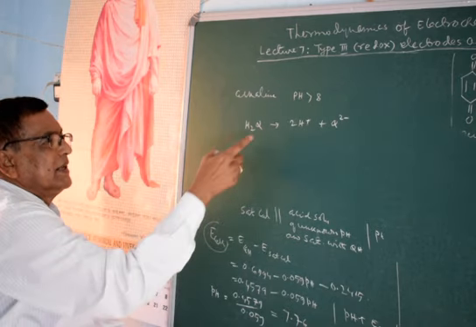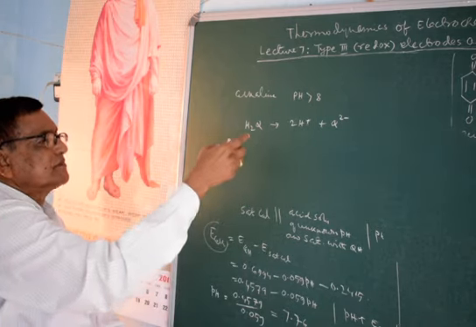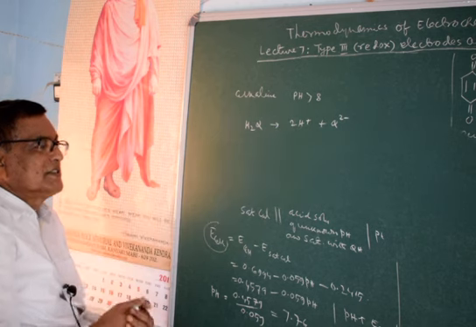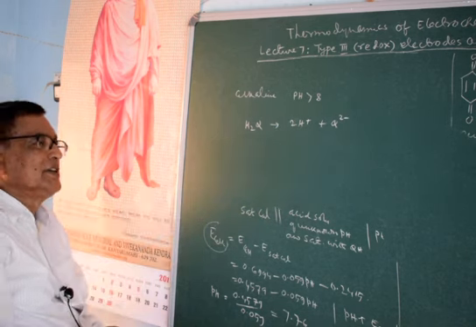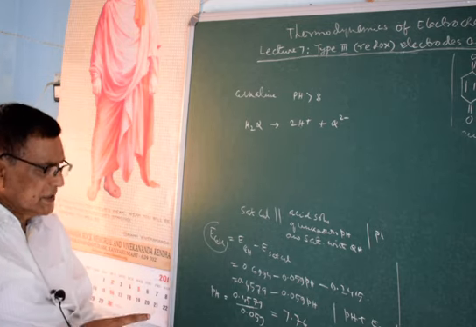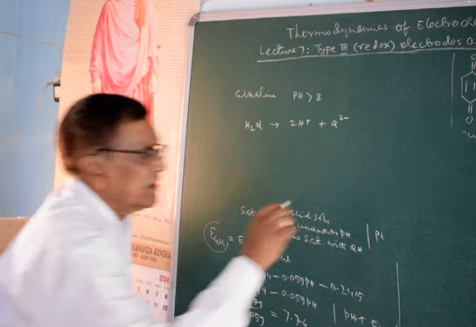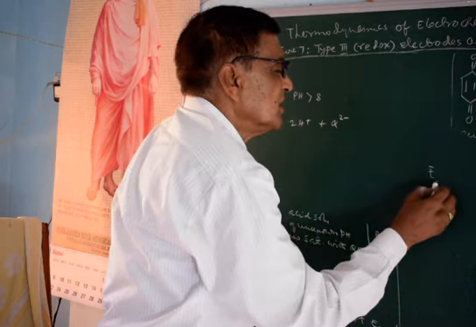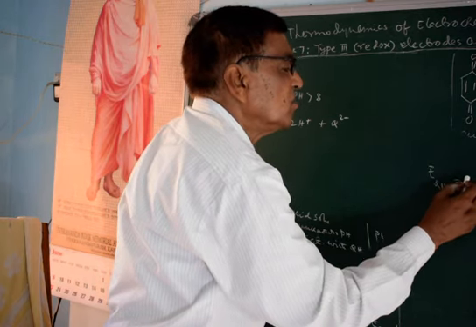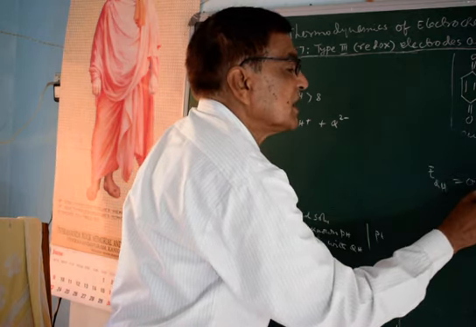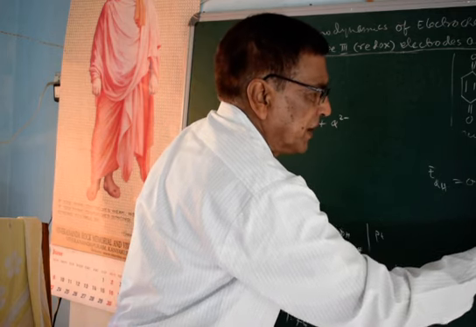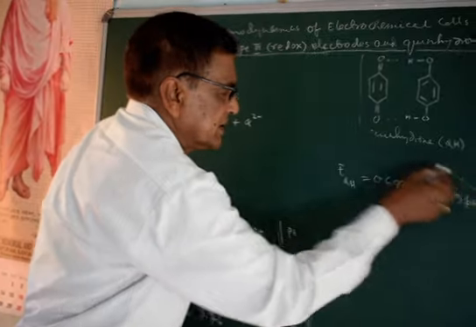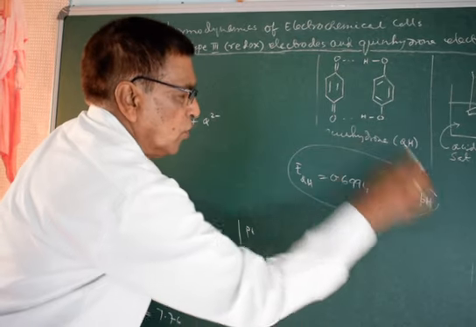As in alkaline solutions the hydrogen ion concentration is very low, this one is dissociating, and the linear relationship E of QH equal to 0.6994 minus 0.059 pH does not hold.